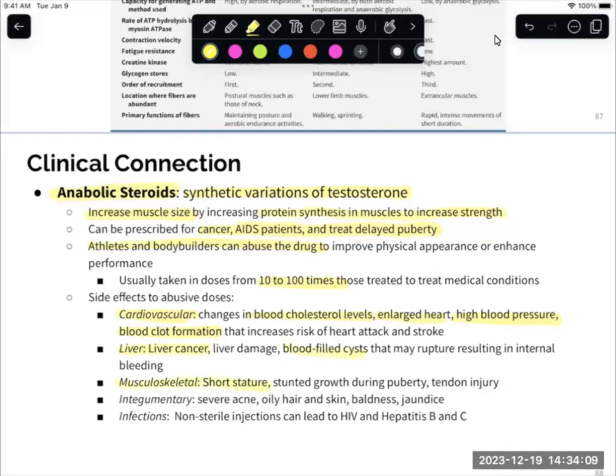It can cause short stature in your musculoskeletal system. Tendon injuries, acne, oily hair and skin, baldness, jaundice. People who use non-sterile needles can get HIV, hepatitis B and C.